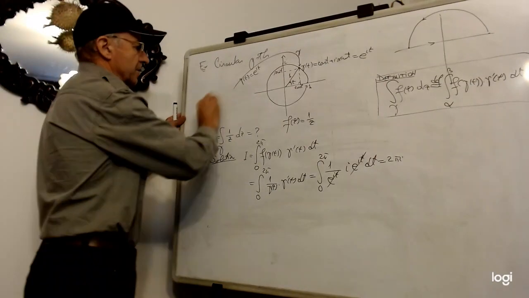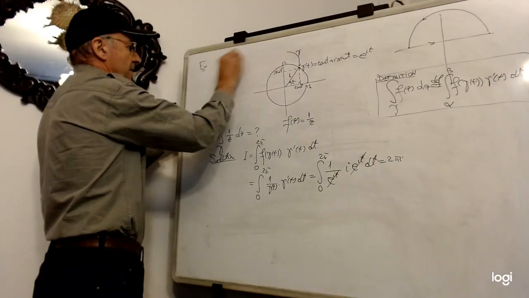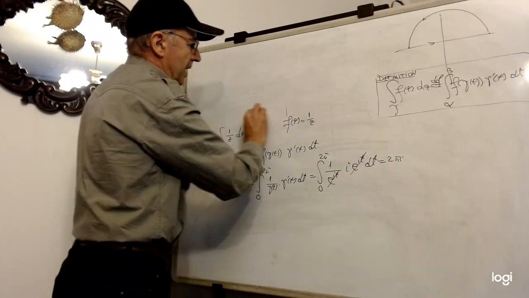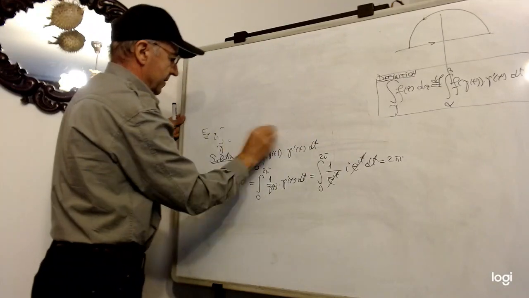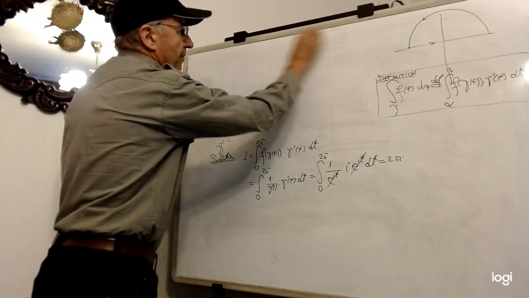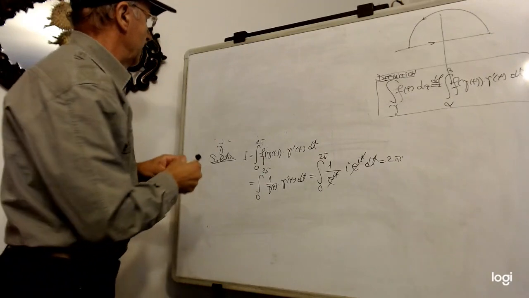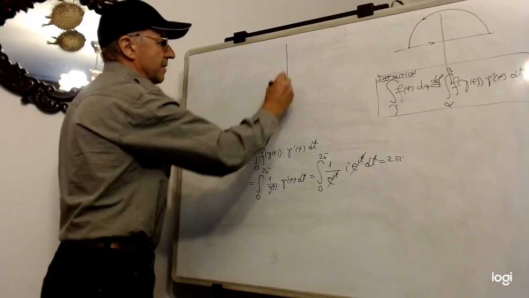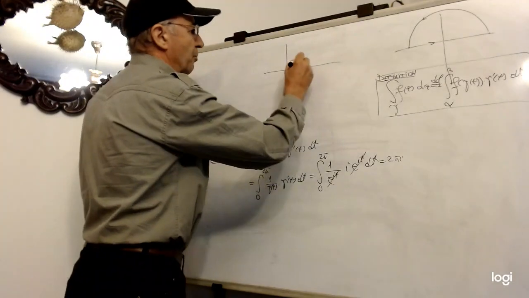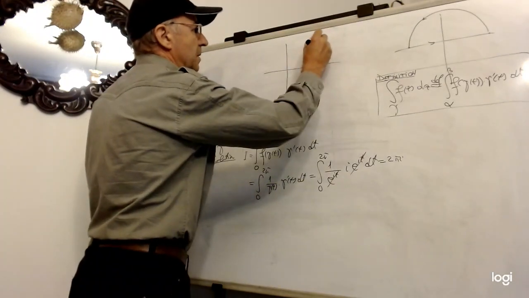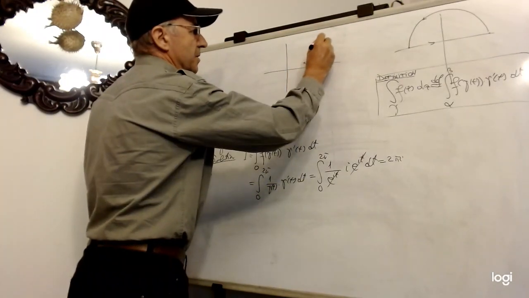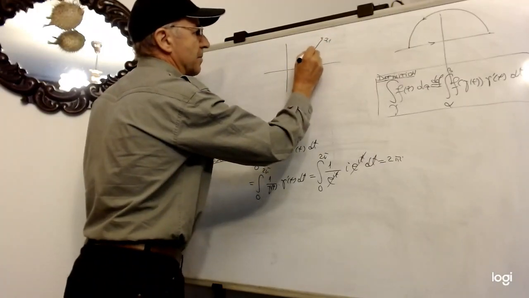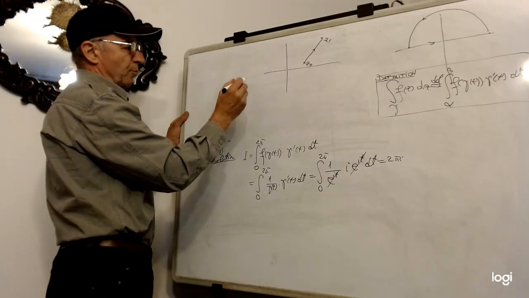Another important path is a line path connecting two given points. For example, let us consider here two points, z0, z1, and we want to describe this linear path connecting the two points.